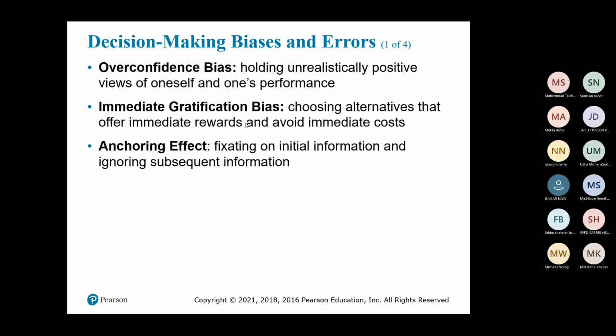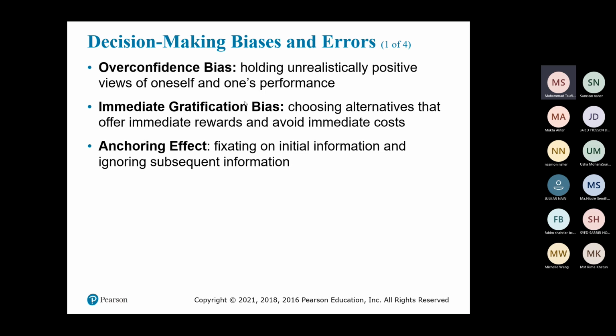So the first error is overconfidence bias: holding an unrealistically positive view of oneself and one's performance. Sometimes you as a decision maker can be overconfident about your capability to solve the problem.